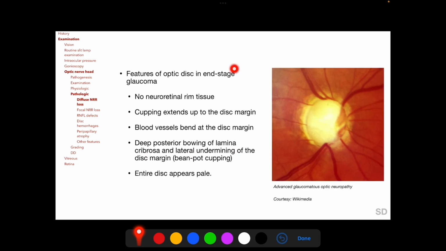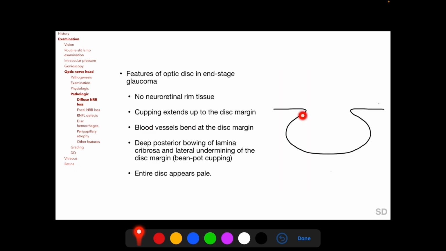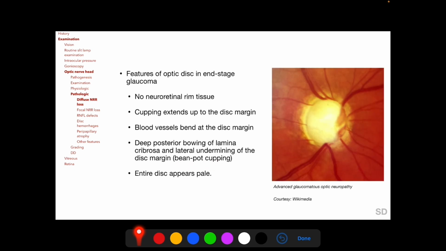Features of optic disc in end-stage glaucoma, as seen here in this photograph, include absence of neuroretinal rim tissue, cupping extending up to the outer margin of the optic nerve head, blood vessels bending at the outer margin of the optic nerve head, deep posterior bowing of the lamina cribrosa and lateral undermining of the disc margin, the so-called bean pot cupping as shown here in this diagram, and pallor of the entire optic nerve head.